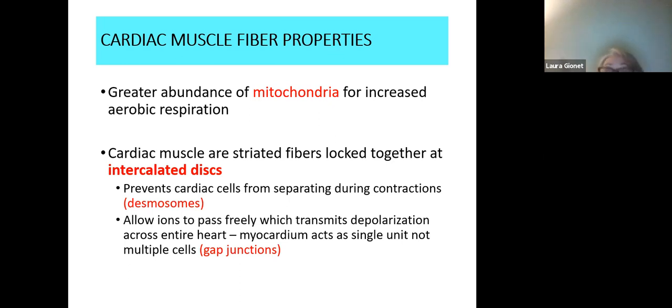This is a junction point between two cells, and it has two types of cellular adhesions found there, desmosomes and gap junctions. Desmosomes prevent cardiac cells from separating or avulsing from one another. In A&P 1, in the cell chapter, you probably looked at three different types of cellular junctions: desmosomes, gap junctions, and tight junctions.